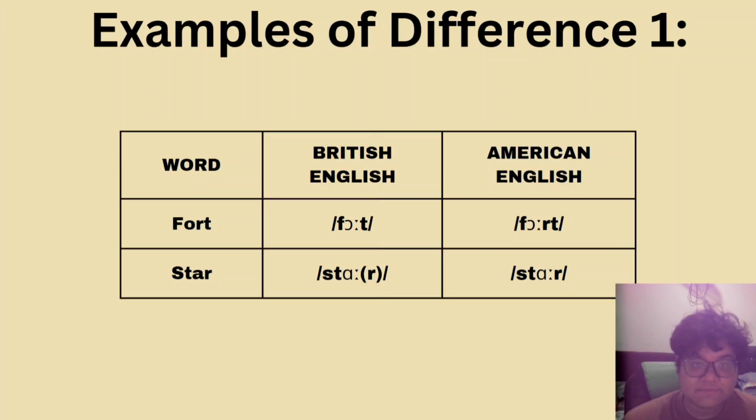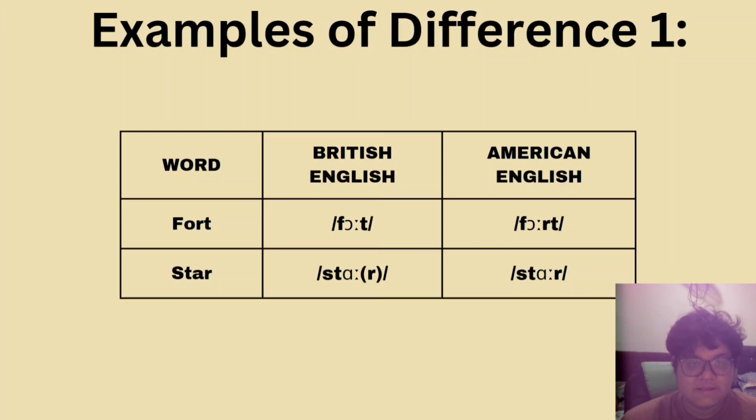So in the word fort, if you see the transcription here, the R is not present, which means that it's silent. As for American English, you can see the R and it's pronounced. Notice how the sound in fort is unmodified. It's not changed in any way. It sounds as is.